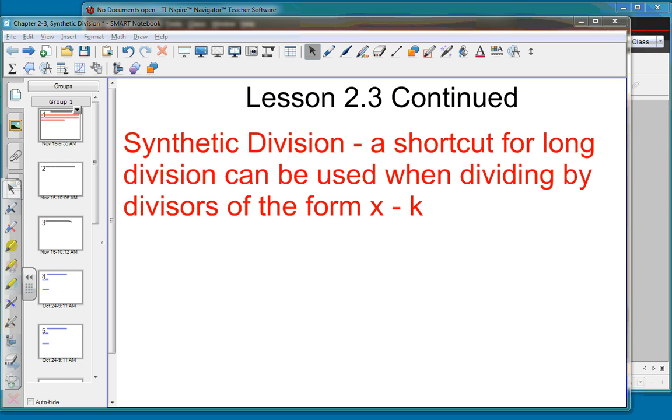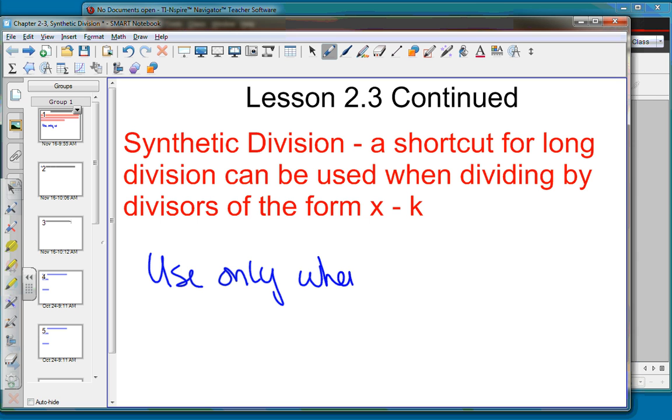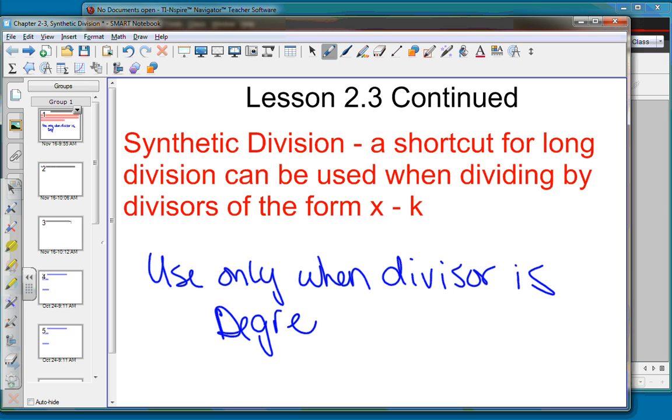Synthetic division is a shortcut for long division that can be used when dividing by divisors of the form x minus k. What does that mean? It means I can only divide when my degree is... use only when the divisor is degree 1.